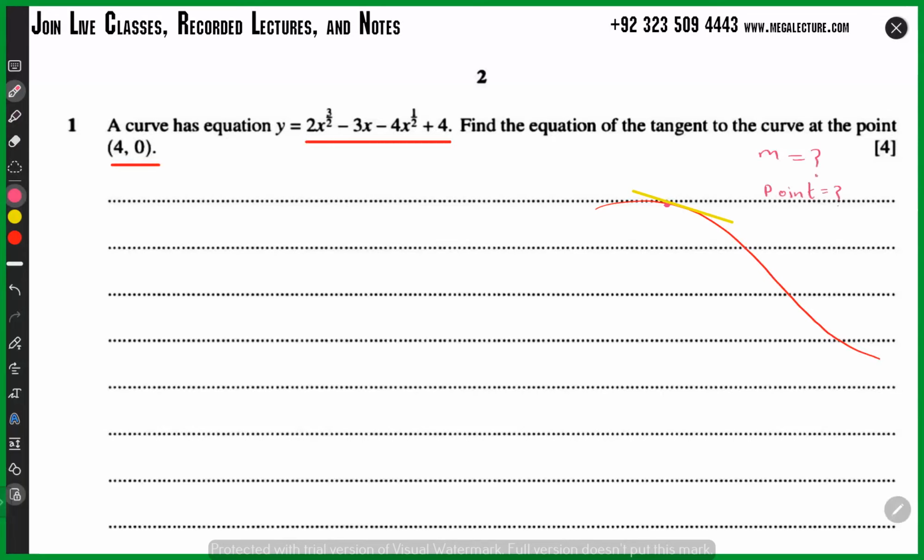If we have these two things, we are able to find the equation of any straight line. So in the case of this tangent line, we have the point. The point is (4, 0), this point, and it is lying on the line. That is fine. But how do I find the gradient? Can anyone tell me?